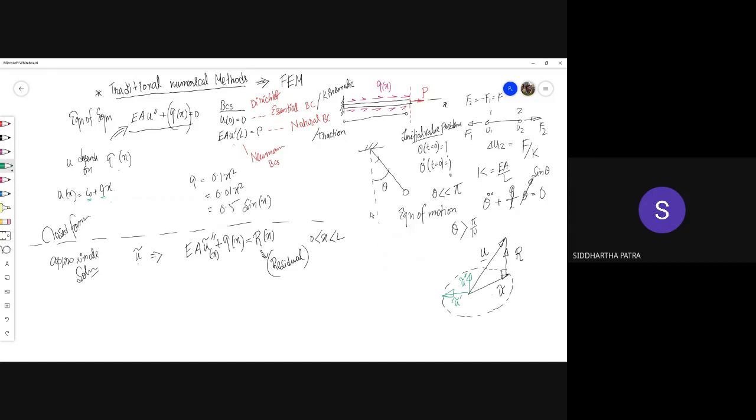This can be one approach for getting an approximate solution. And this type of methods are called weighted residual methods.